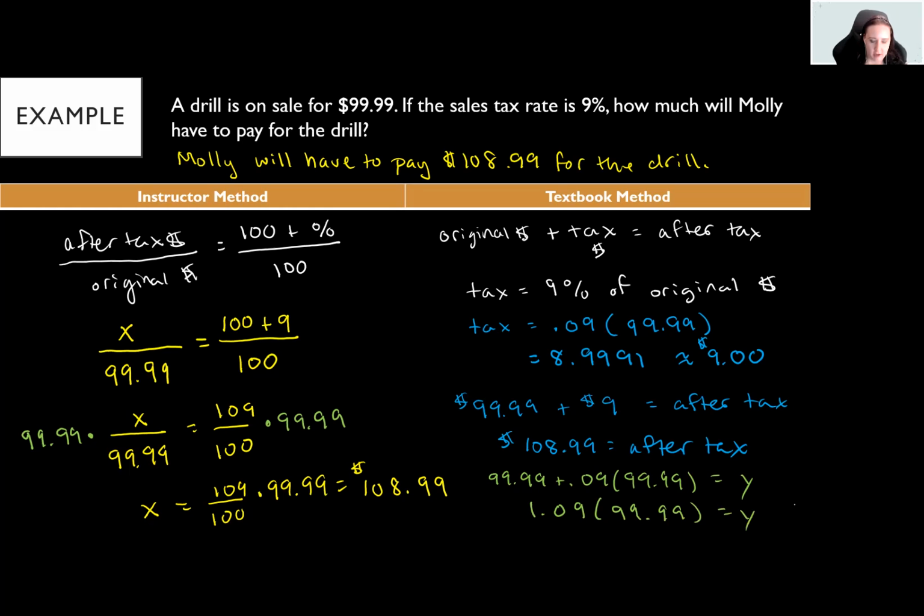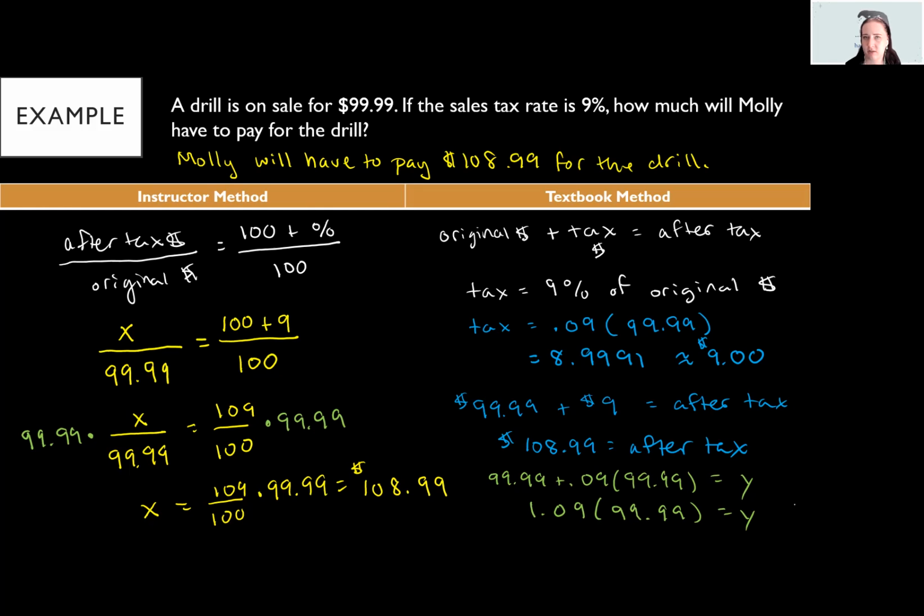For a problem like this, if I want to find the amount after tax, and I'm in the real world, I will actually not use the proportion method, but I won't really use the textbook method either. I will use what I have in green in the lower right. I'll just know that if I'm adding 9%, then I'm adding that to 100.